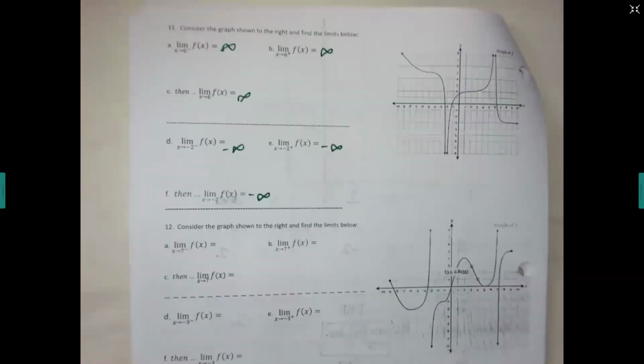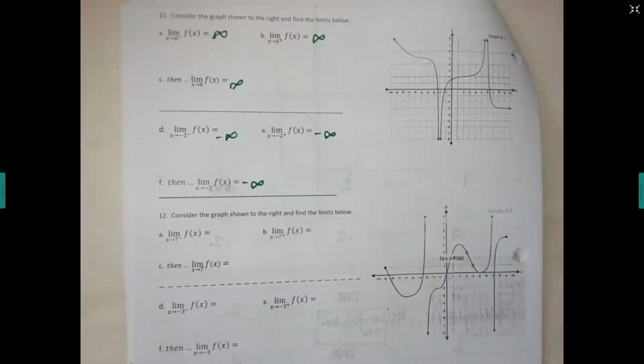Okay, check your number 11. You should have all infinities for the first one and then all negative infinities for the second one. Go on to number 12 if you have it already.